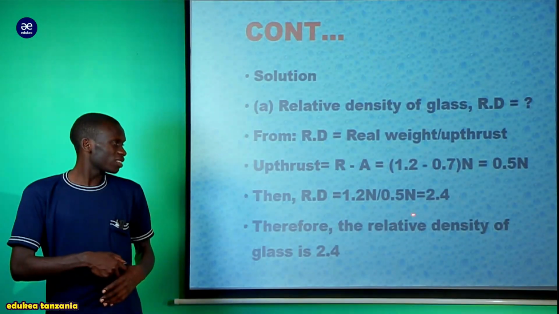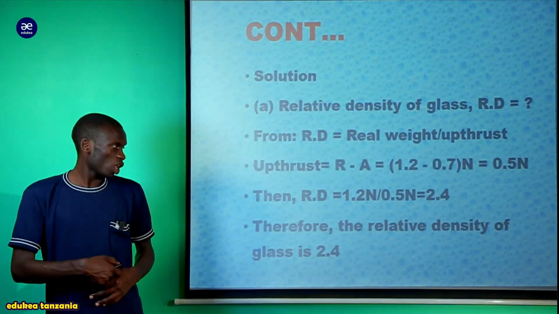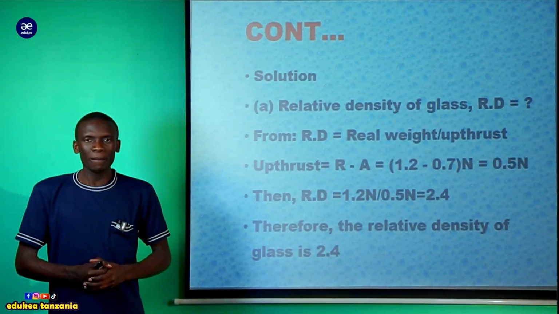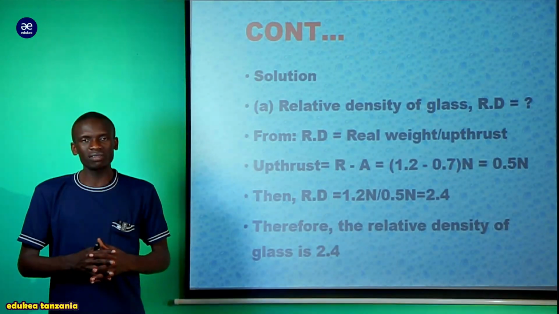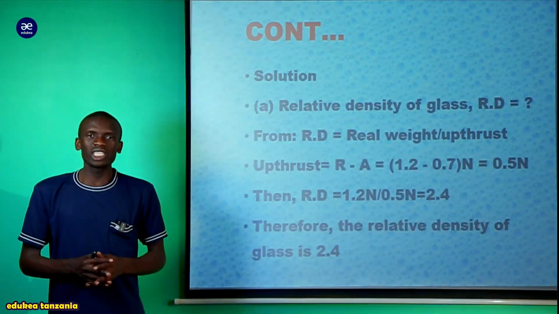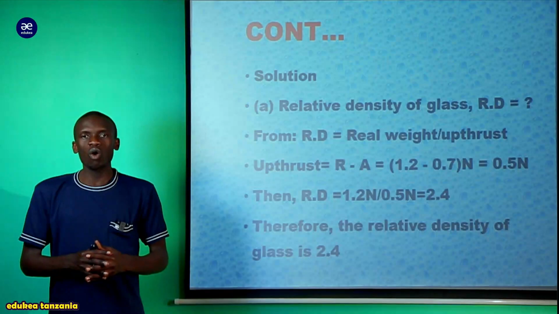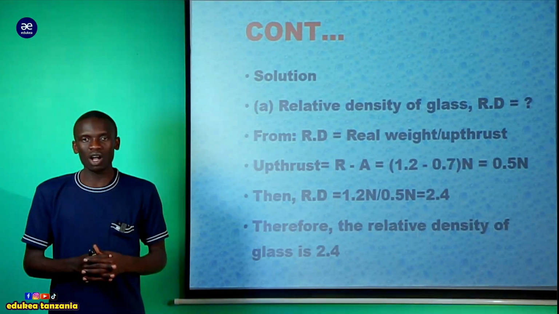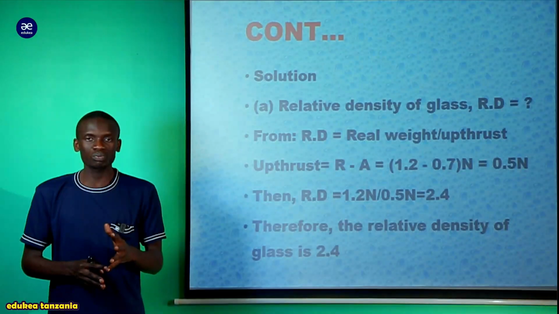After getting the relative density of glass, you can calculate the density of glass. Simple. By using the formula, relative density of a substance is equal to density of the substance over density of water.